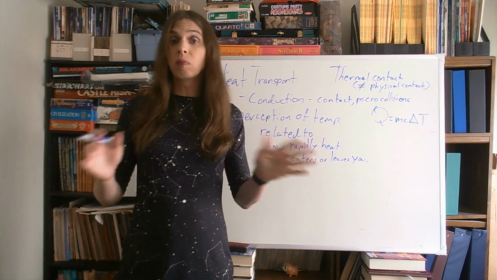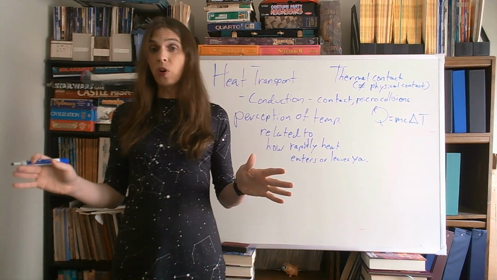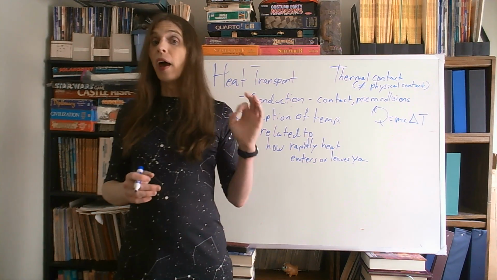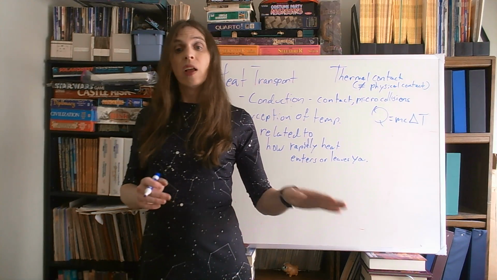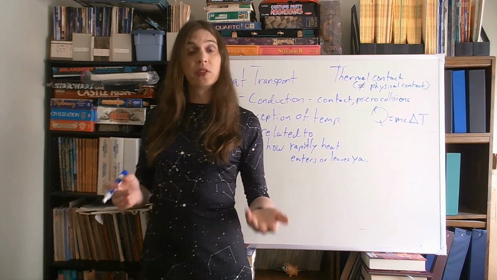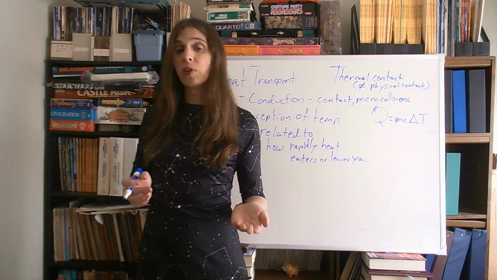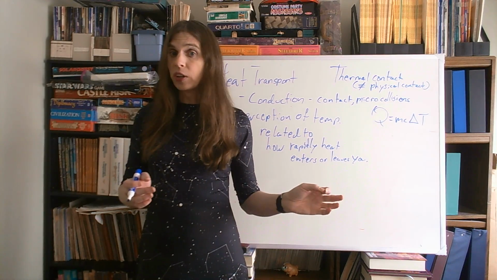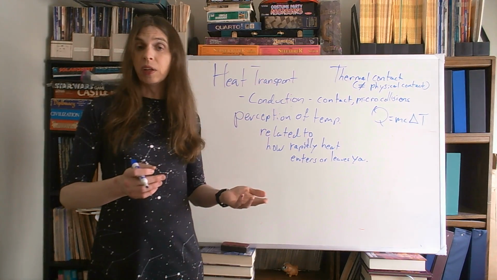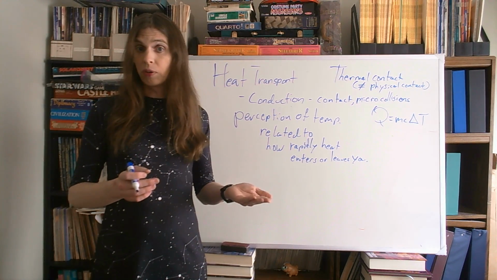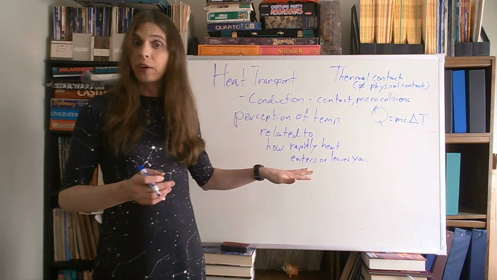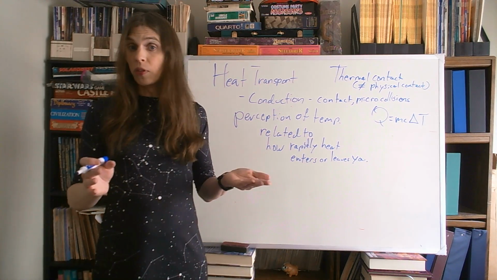So, if the environment is cold, and you touch an insulator and you touch a conductor in the same environment, same temperature, the conductor transports the heat more rapidly and feels colder than the insulator, even though they're the same temperature.